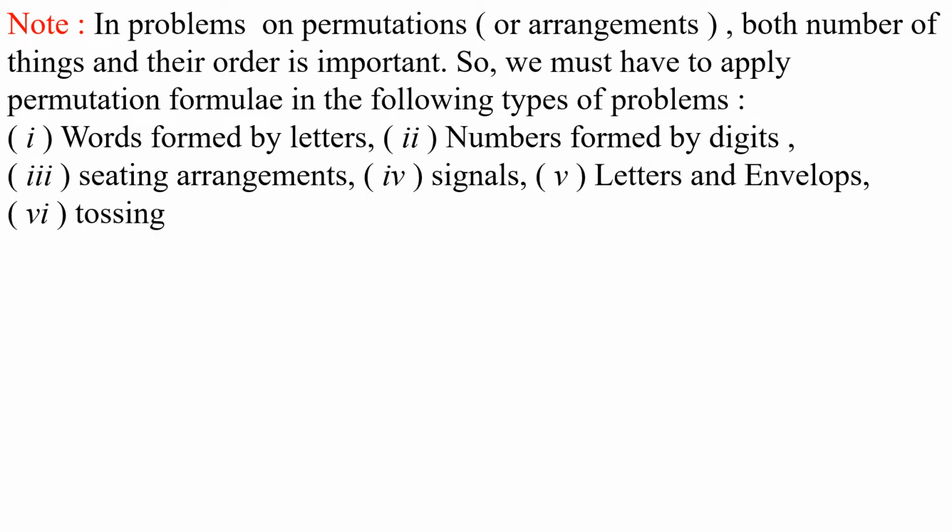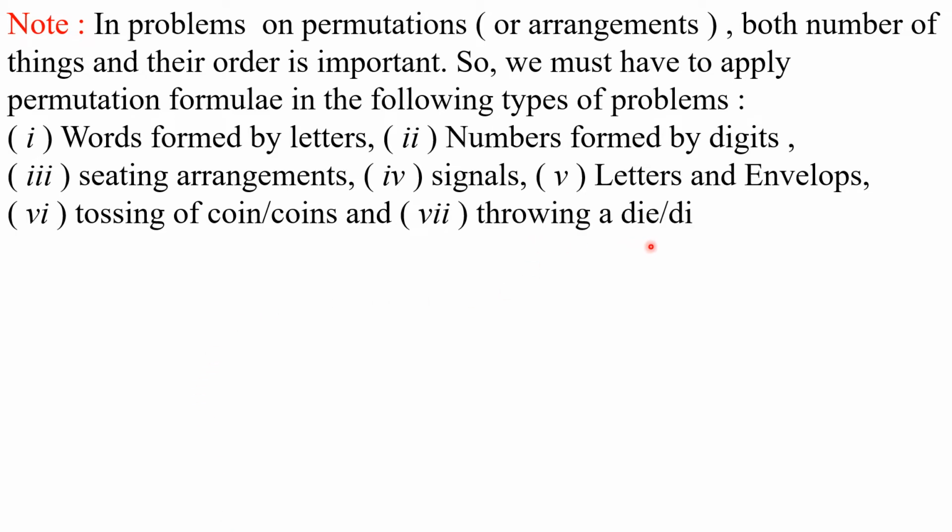And tossing of coin or coins. And finally, throwing a die or dice. In all these types of problems, we use permutation formulae to find the number of arrangements or to find the number of permutations. Okay, my children, right.